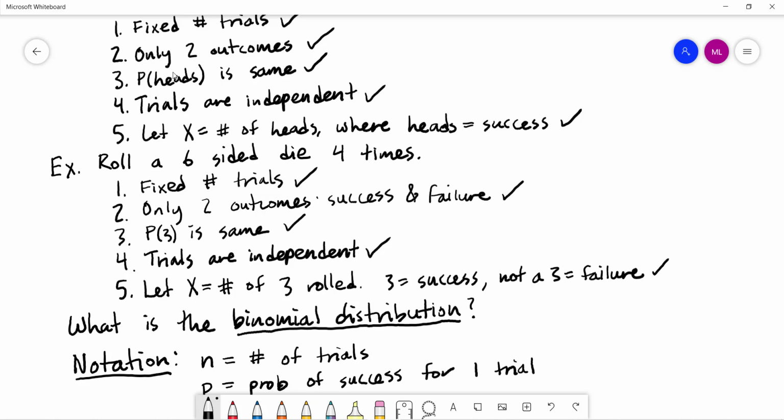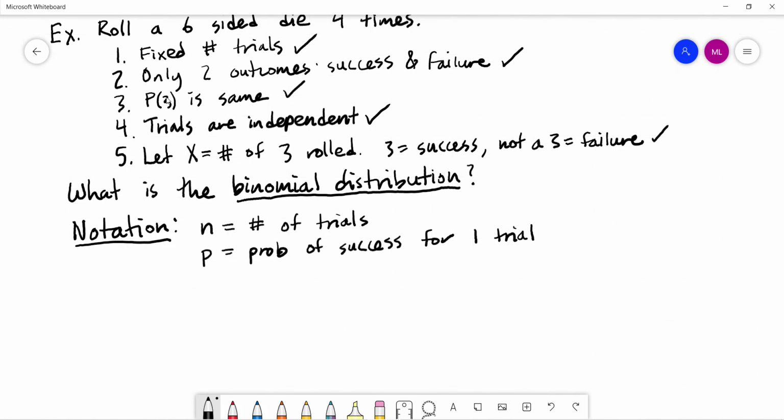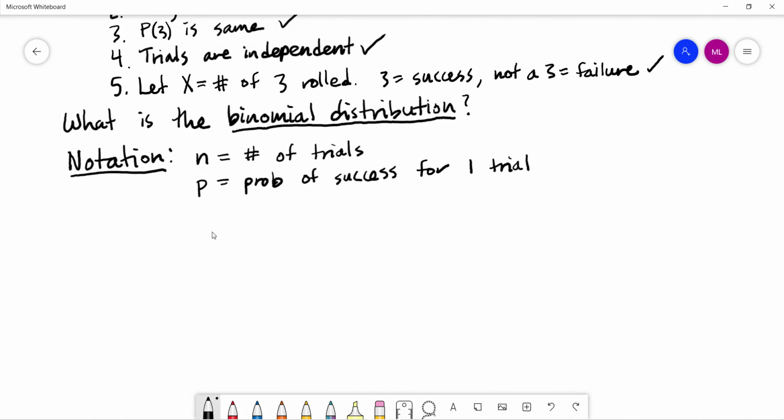So for this example, the lowercase p would be 0.5 or 1/2, and down here it would be 1/6. That's the value. We're also going to have x, which is basically the outcome of interest, the value of the random variable that we're interested in computing the probability of.